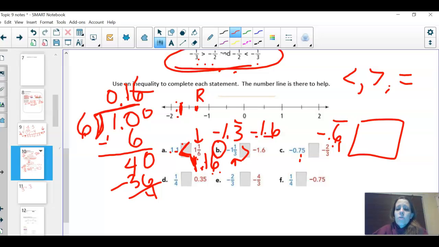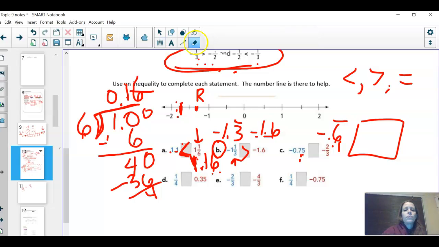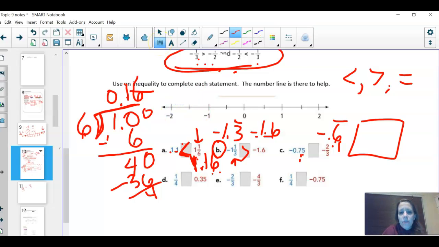Pero nosotros estamos hablando sobre negativos. If these numbers were positive, 75 hundredths would be bigger than 6/10, but these are negative, so it's almost like the opposite. Okay? So if I were to look at this right here, and I were to try and draw it, negative 0.75 would be here, and negative 2/3, 0.6, excuse me, would be on the right.